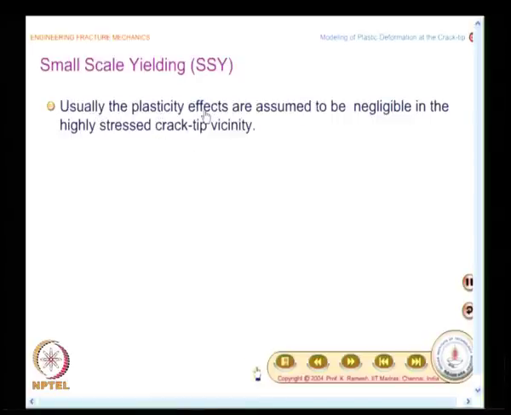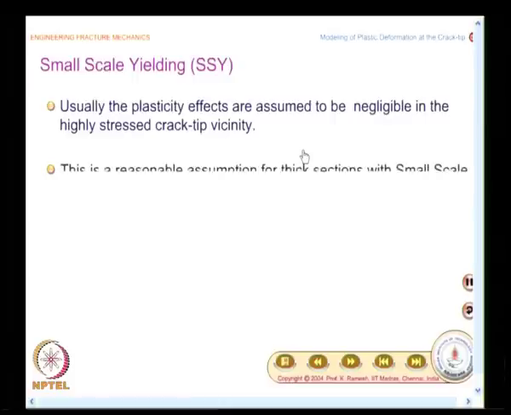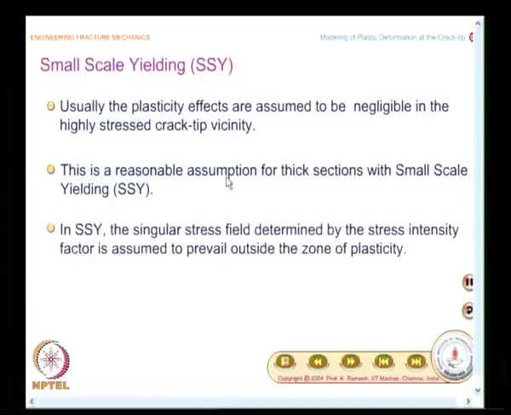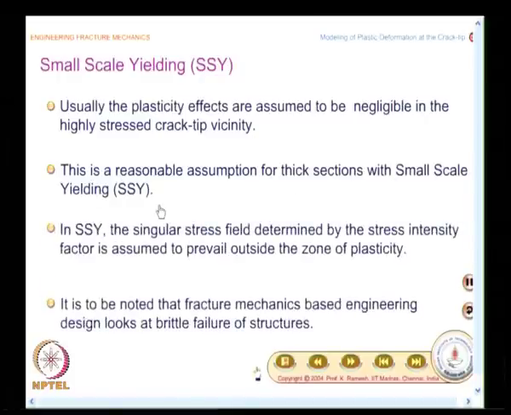Usually the plasticity effects are assumed to be negligible in the highly stressed crack tip vicinity. This is a reasonable assumption for thick sections with small scale yielding, and we will also take up in detail what is small scale yielding after looking at Irwin's correction.